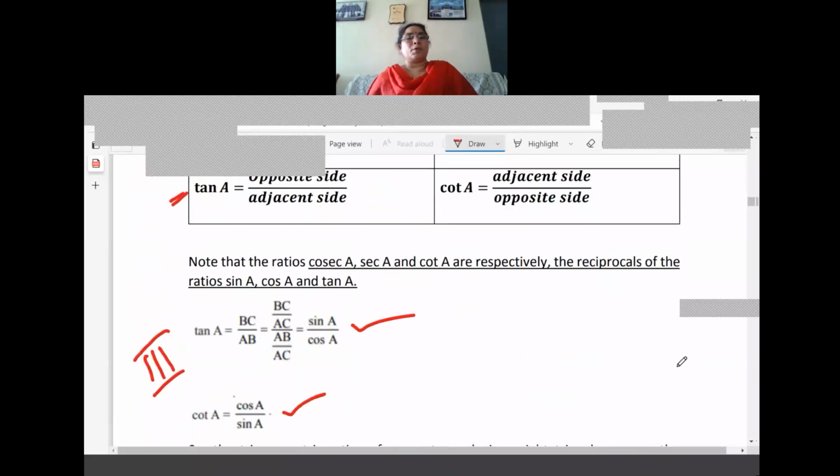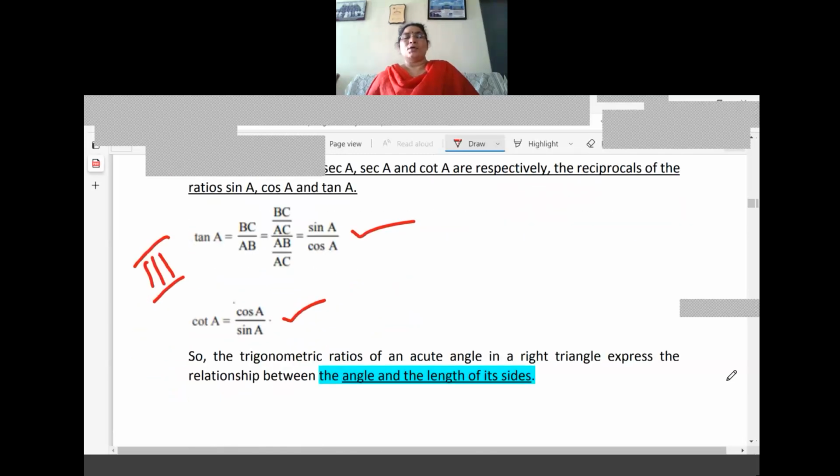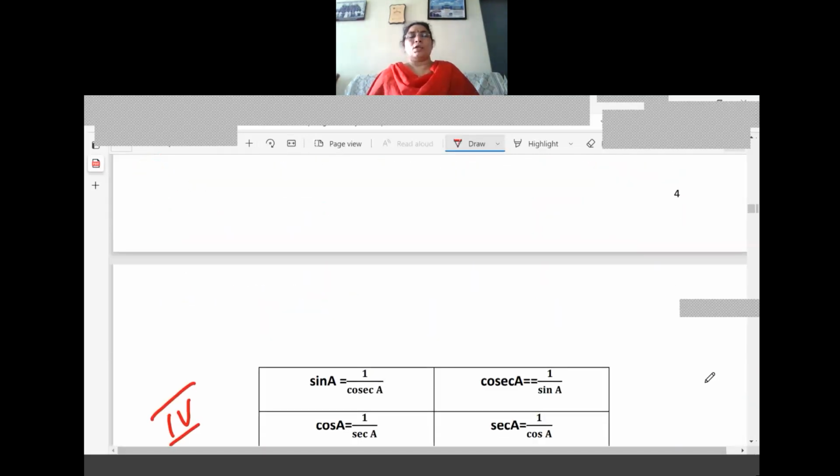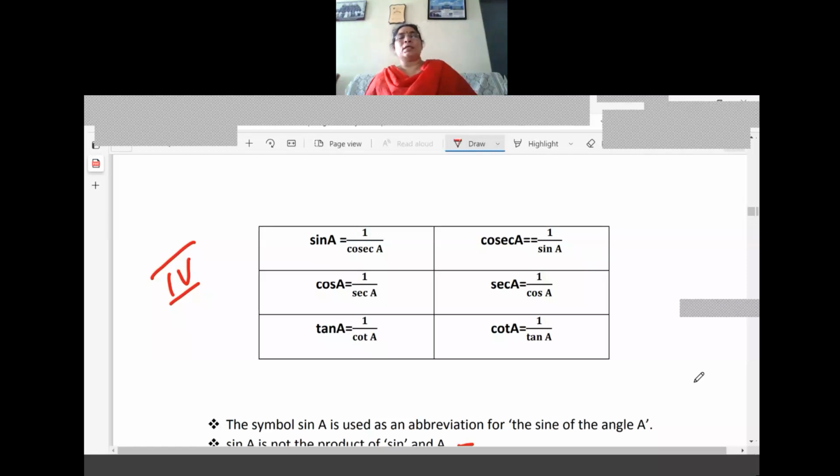Again, what is one more formula we have learned today? Tan and cot also we can express in terms of sine and cos. What is tan A? Tan A equals sine A by cos A, and cot A equals cos A by sine A. So when we are learning about the trigonometric ratio, it is the relationship between the angle as well as the length of the sides. Now one more point we have told is the reciprocals.